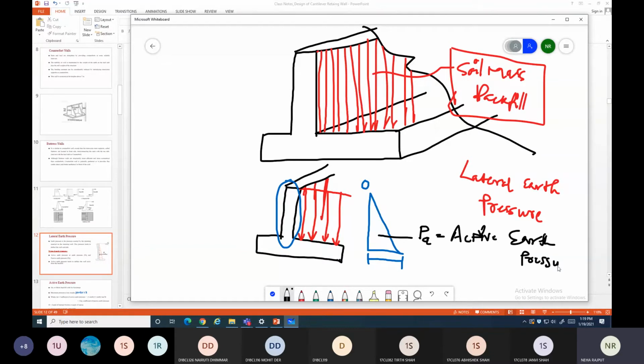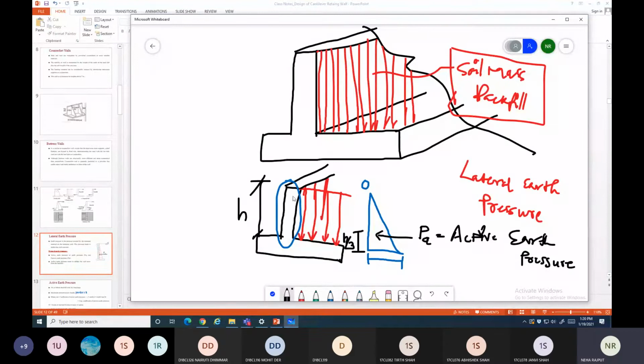This active earth pressure is given by the soil mass, and as the diagram is a triangle, the resultant is concentrated at the CG point of the triangle, which is h by 3, where h is the height of the stem.